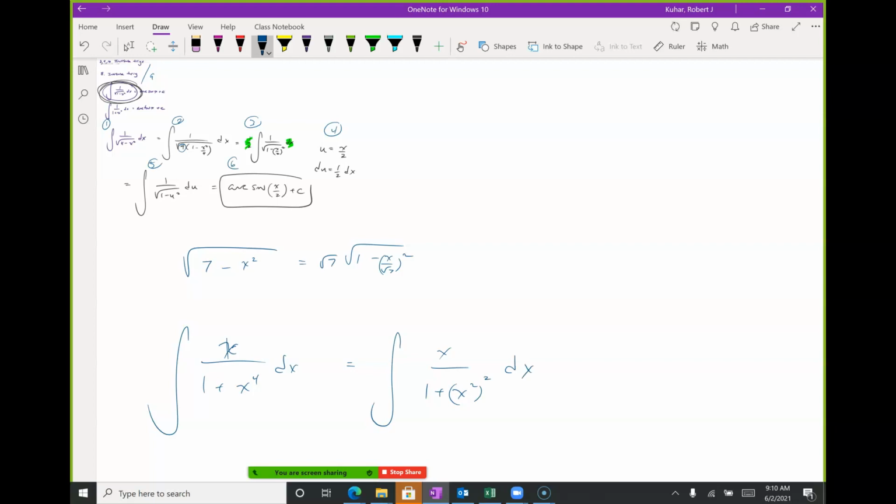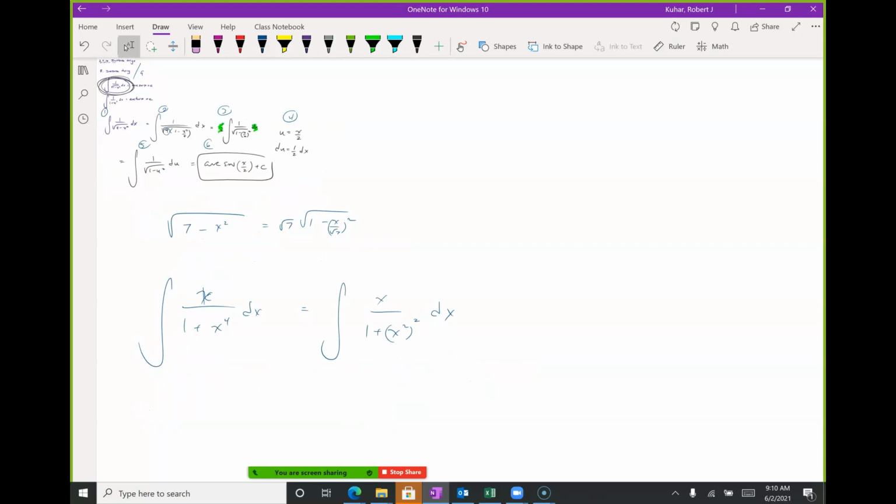Just 8, 9, 10: after level 7, after change of variable, look for inverse trigs. So that's an inverse trig kind of hidden, but I'd gone through everything else on my list and it didn't work. So now I'm on this inverse trig search.